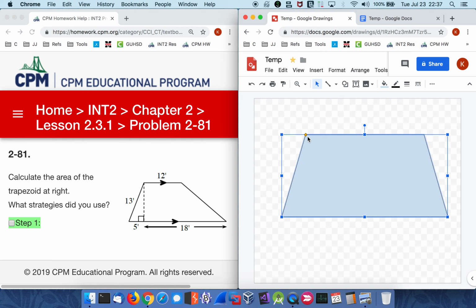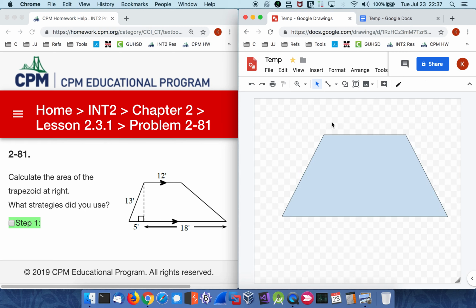Okay, so let me make it a little bit more like that. And then let's go ahead and draw that line that they're giving us here. And looks like they're saying that these lines over here are parallel. So I'll mark those as parallel. That kind of makes it a trapezoid anyways.